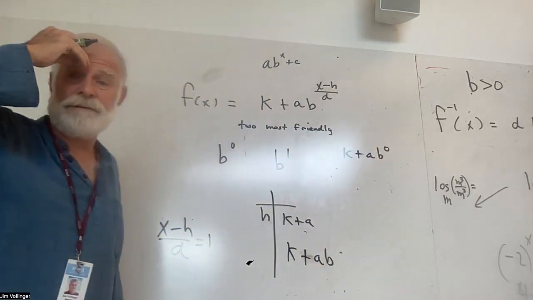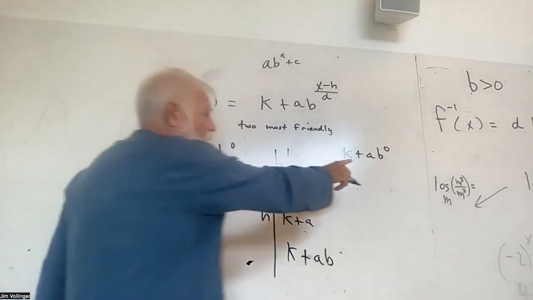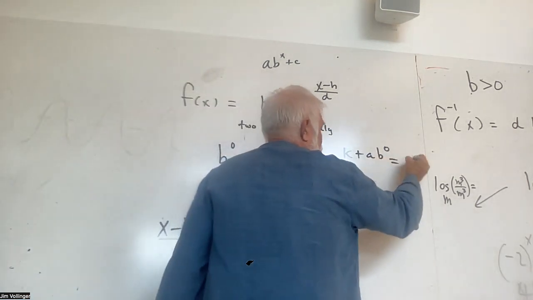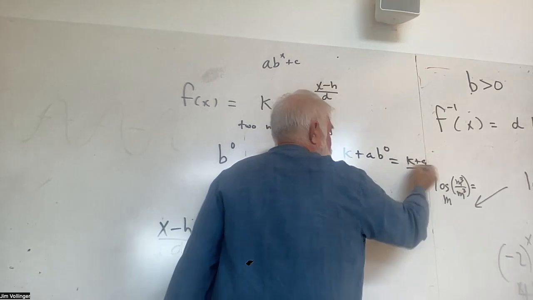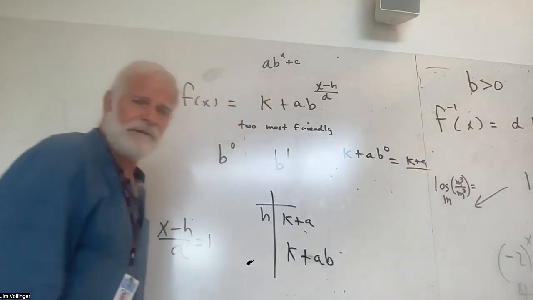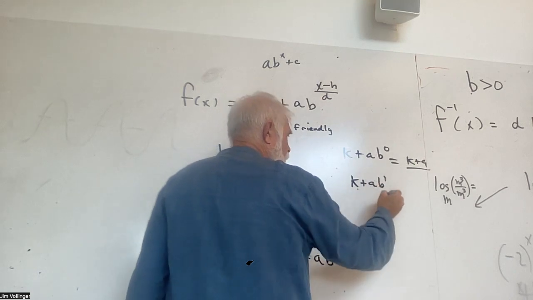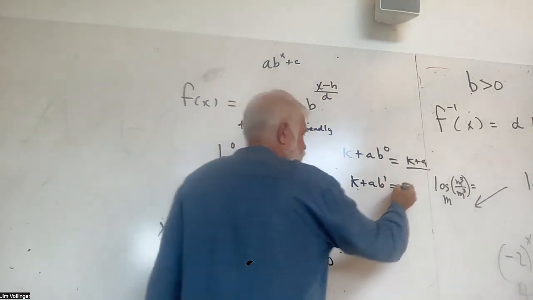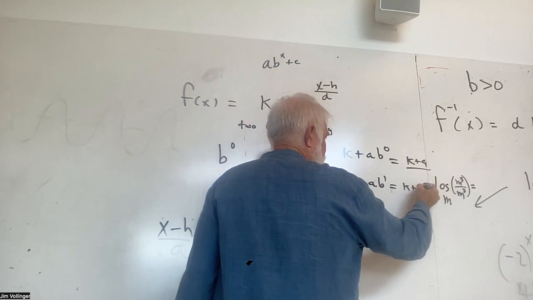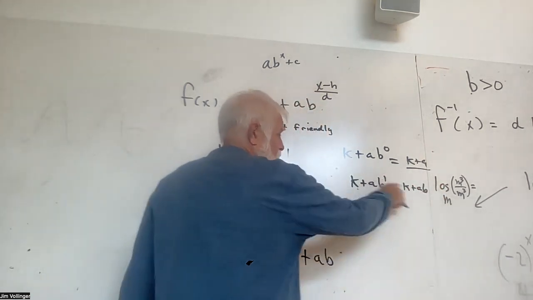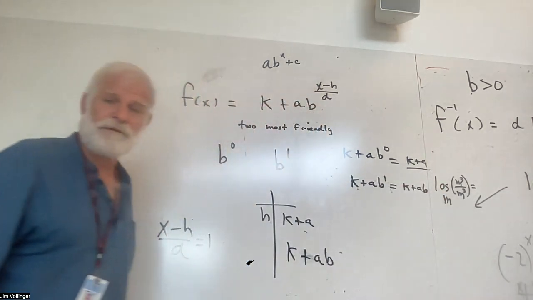Because I know that answer. b to the 0 is 1. So this is k plus a. Well, that's a lot simpler than the way it's written on the left. And I got k plus a times b to the 1. Well, that would be nice because that's just k plus ab. Right? Simpler. A little bit simpler.